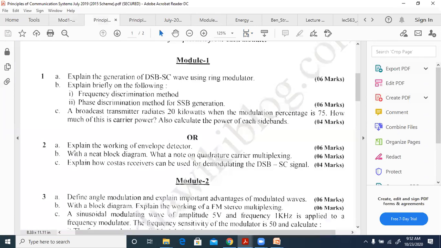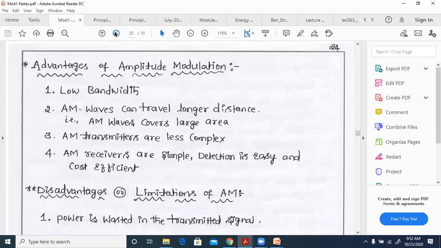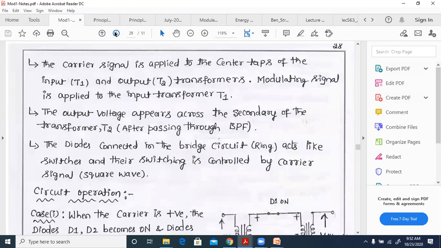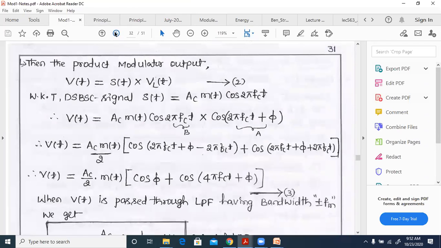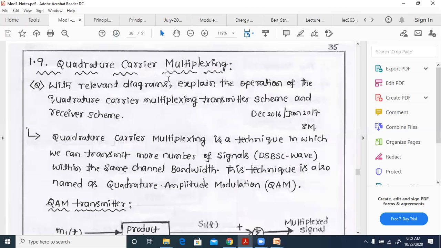Next we go for: write a note on quadrature carrier multiplexing. Quadrature carrier multiplexing we have already covered. Yes, quadrature carrier multiplexing is sometimes known as quadrature amplitude modulation.